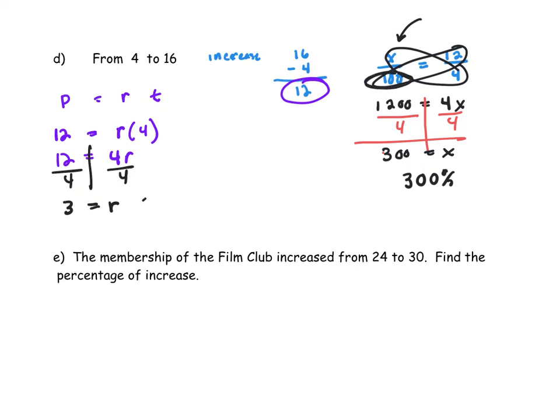But if we use this method, we have to multiply by 100, or we could take 3 and attach a decimal. It's hidden back there anyway, and we're just going to move it forward once, twice. That accounts for the 2 zeros. So either way, we're going to get 300%. So this is a 300% increase moving from 4 to 16.